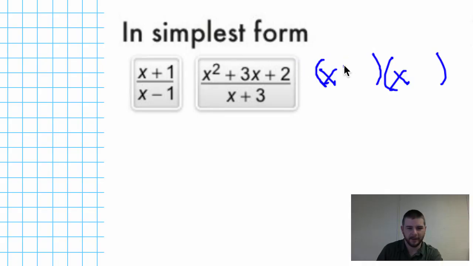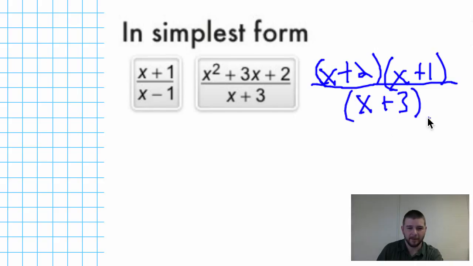Well, I'm thinking 2 and 1. So there's another way to write our numerator in its factored form, x plus 2 times x plus 1, all over x plus 3. Notice there's nothing to cancel. Our binomials don't match. We have nothing to reduce, so therefore the expression itself was in simplest form.